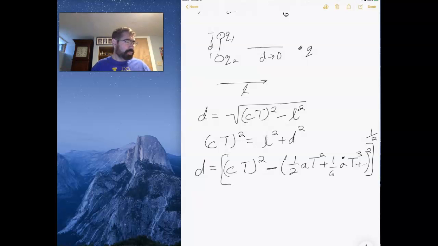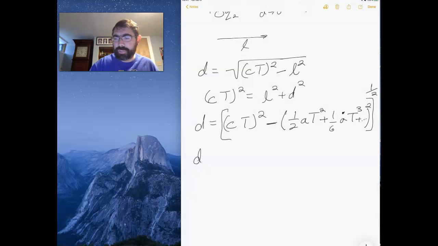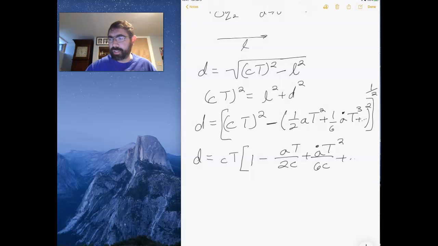I can factor out a ct, so d is now equal to ct times the square root of 1 minus a over 2c t squared plus a dot t squared over 6c plus ..., squared.